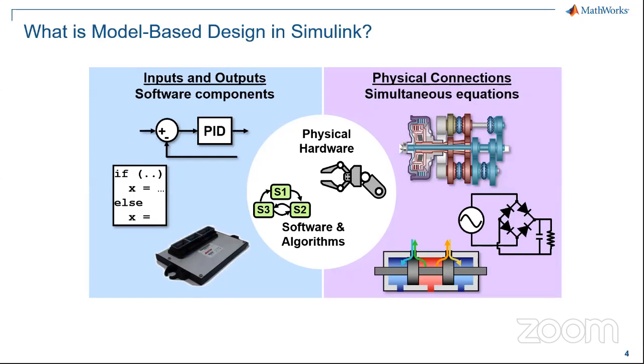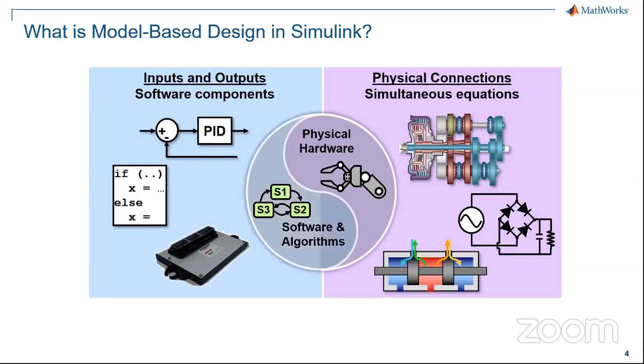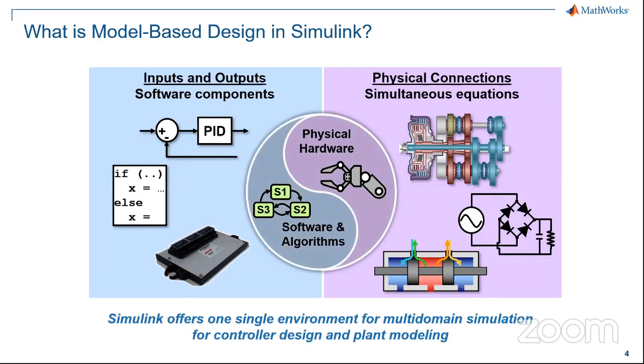It can be an electro-mechanical system converting electrical energy to mechanical energy or thermal. So in Simulink, what we offer is that we can model and control the multi-domain system in one single environment. And next, I will quickly show you a demo. How do we model the motor control system in Simulink?